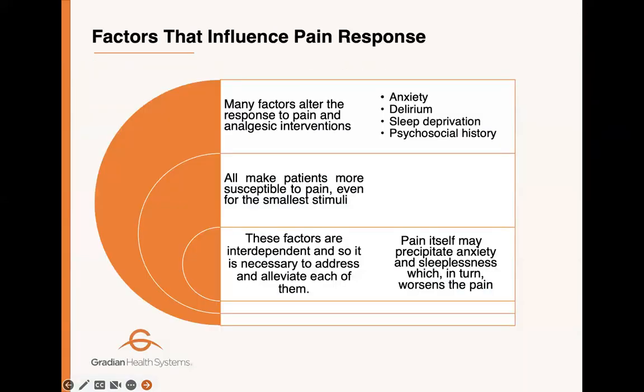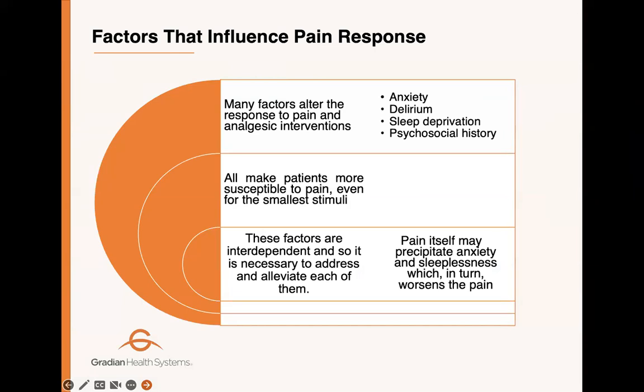If we can all remember the triad of pain, delirium, and agitation, they are the factors that influence pain response, as I explained before. Pain itself precipitates anxiety and agitation, which can also worsen the pain severity. So it is good to remember and address all these factors individually rather than taking just part of sedation for analgesia.